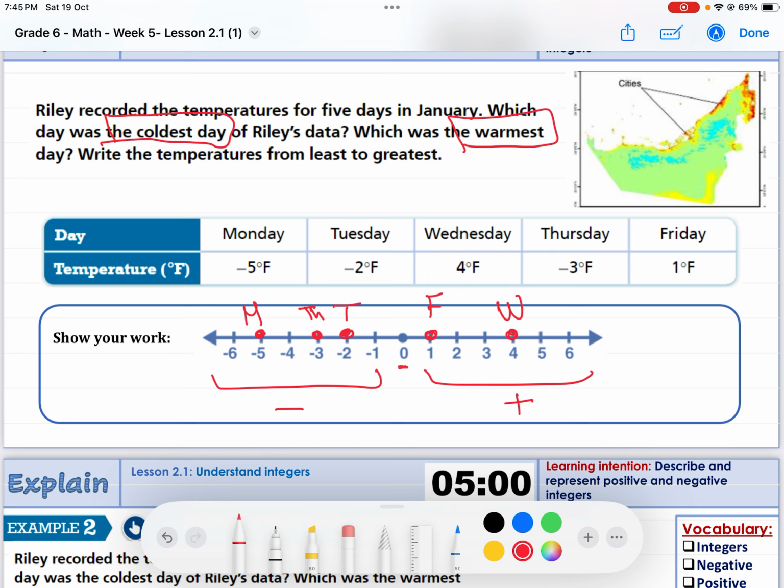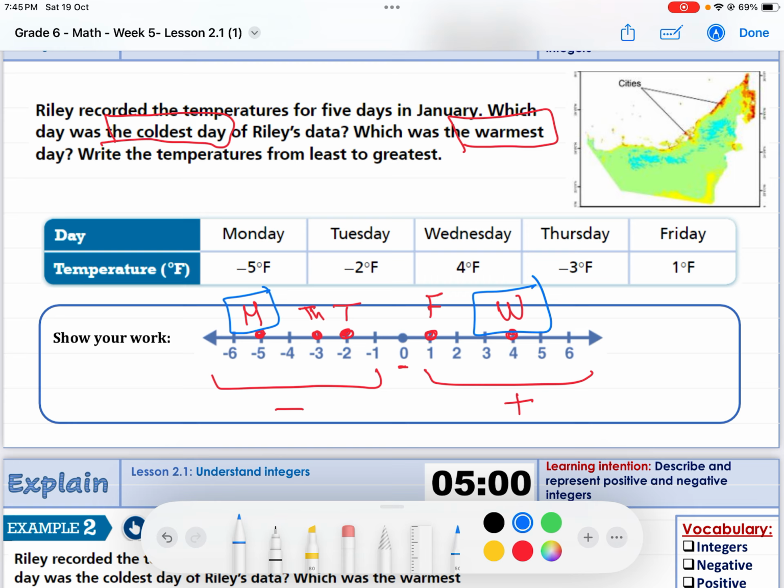So by just looking at the number line, which one is the coldest day? We can tell it is Monday. Monday is the coldest day because look at -5, it's far away from 0. And then the warmest will be Wednesday.